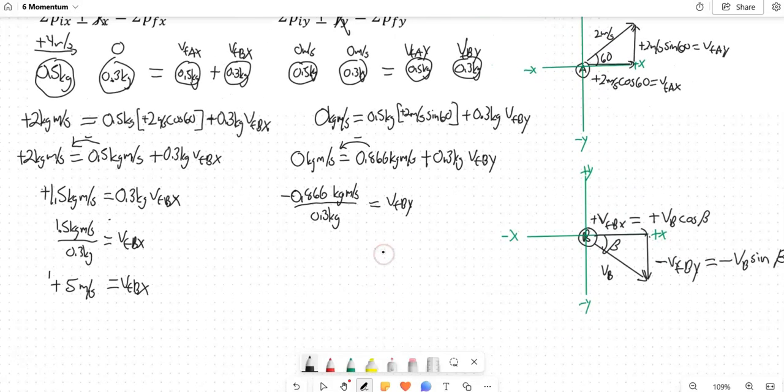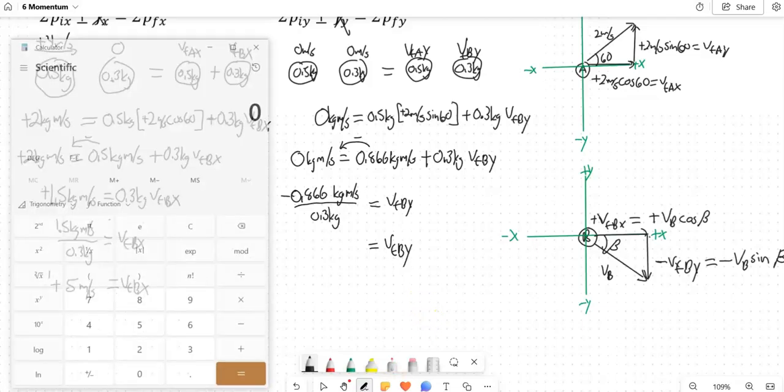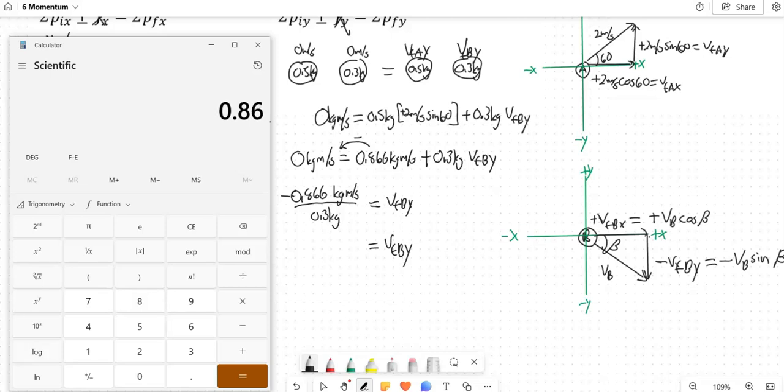Let's figure out what that is in the y direction. Okay, so calculator, 0.866, making that negative and dividing that by 0.3, and that is negative 28. Okay, hold on one second.